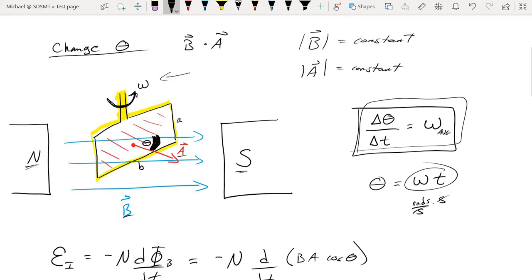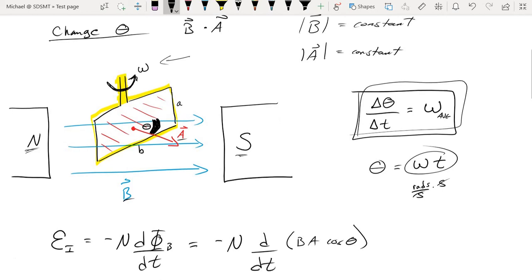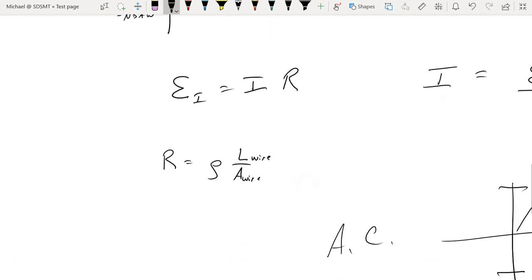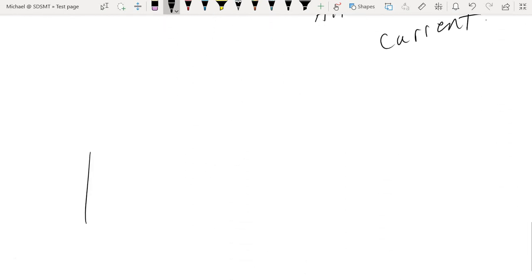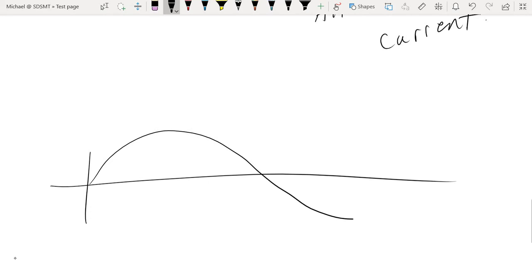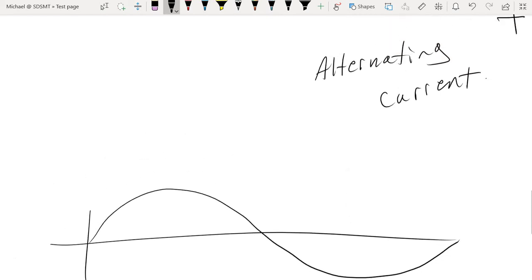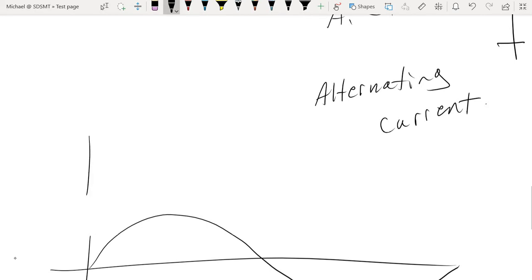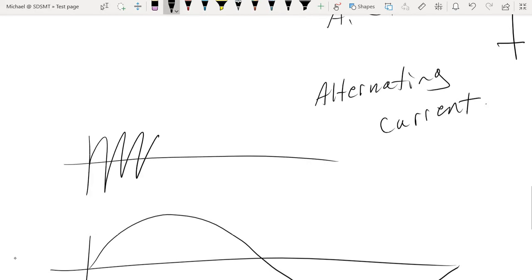We could spin that coil very slowly, and so that means that there's going to be a very wide graph for the change in the EMF, also a very wide graph for the change in the current. But if we were to spin that coil very, very quickly, then we would see alternating EMF and alternating current switching back and forth very quickly as well.